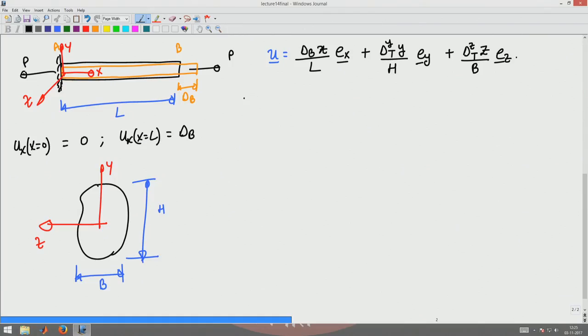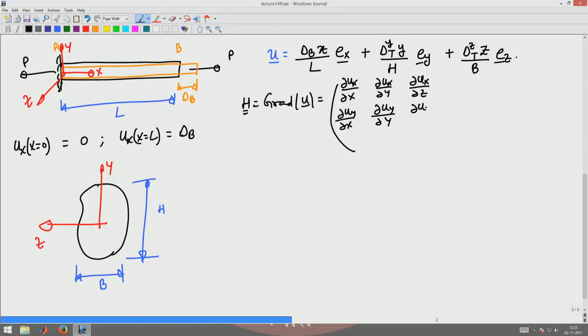So, now I have to compute the gradient of displacement field H, which is gradient of u, which you know is dou ux by dou x, dou ux by dou y, dou ux by dou z, dou uy by dou x, dou uy by dou y, dou uy by dou z, dou uz by dou x, dou uz by dou y, dou uz by dou z.